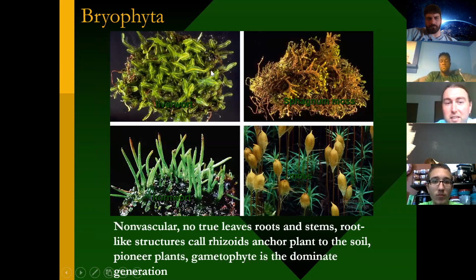You can kind of see there's one backbone to each leaf, but there are no veins. So liverworts are a really good example to show you a non-vascular plant that is a plant, however, it doesn't have vascular tissue to move nutrients around.